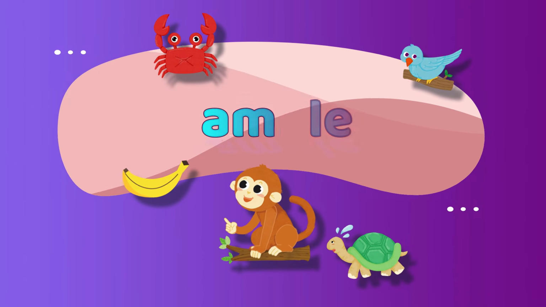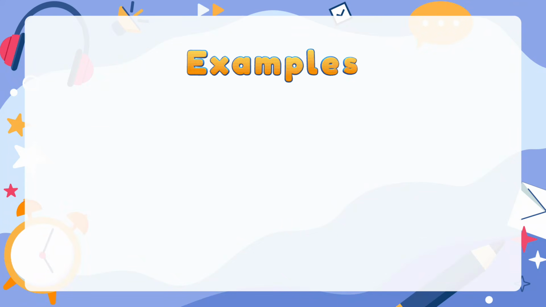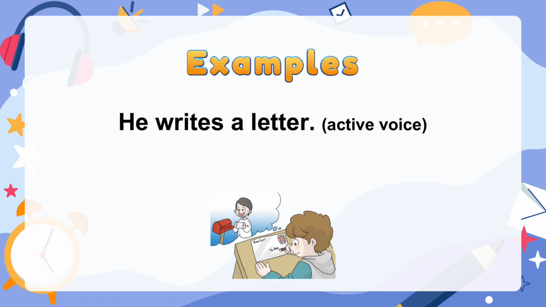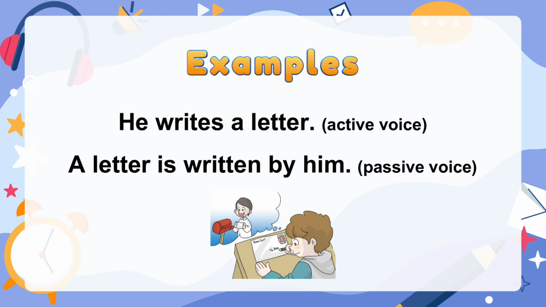Examples. Let's look at some examples. First, we have active voice. He writes a letter. Passive voice. A letter is written by him.